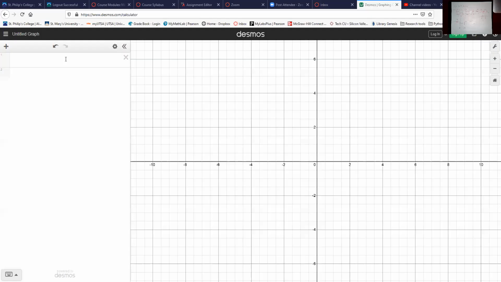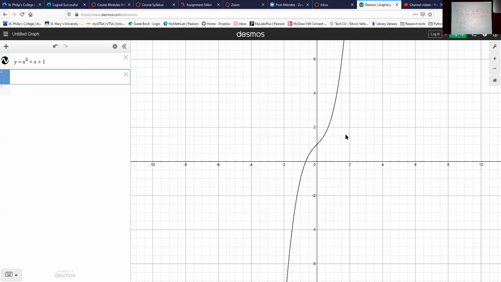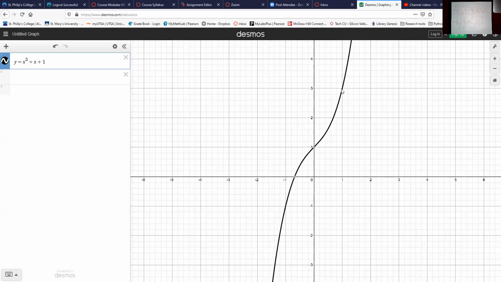Okay, so it's a cubic function, so we should know kind of what that looks like. Yeah, so we expected. We're intersecting, just like we said, at 0, 1. So we have a point right here. And at 1, we hit, like we said, 3, right?